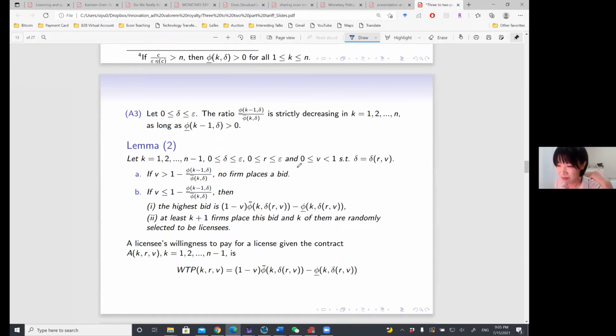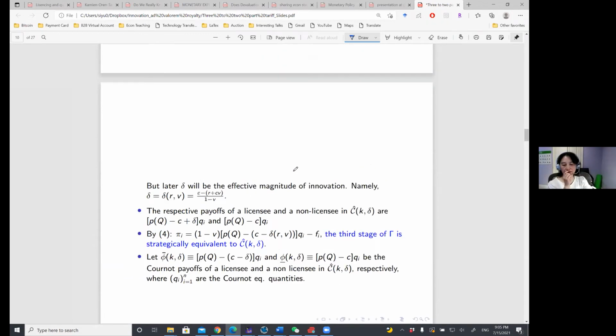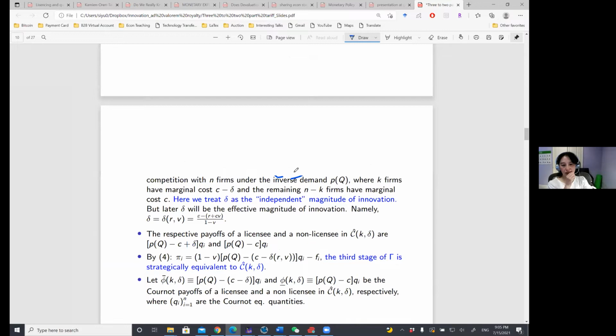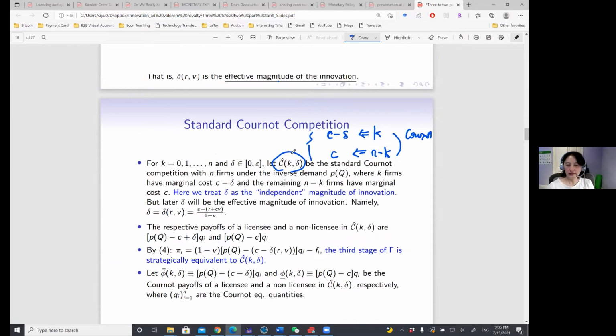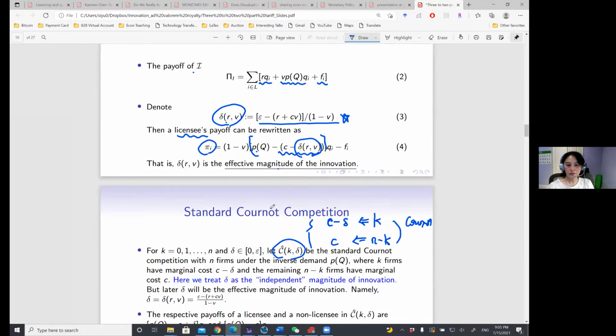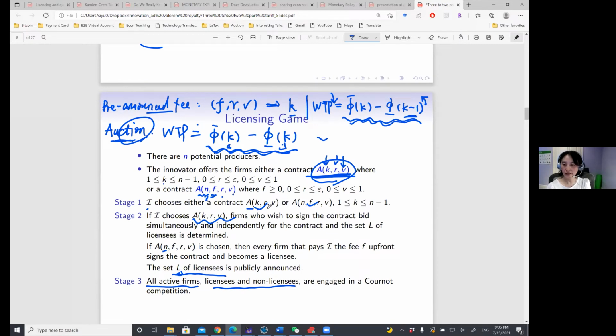Sorry, can I ask a question? I'm a bit confused about the auction itself. I thought that when the innovator offered a contract, he specified K, R, delta, and then the firms will bid. So when they bid, they pay an additional price for gaining the contract, or no? Yes, and the price is the fee. Oh, that's the fee. So the bid is not a fixed fee specified in the contract, or is it?